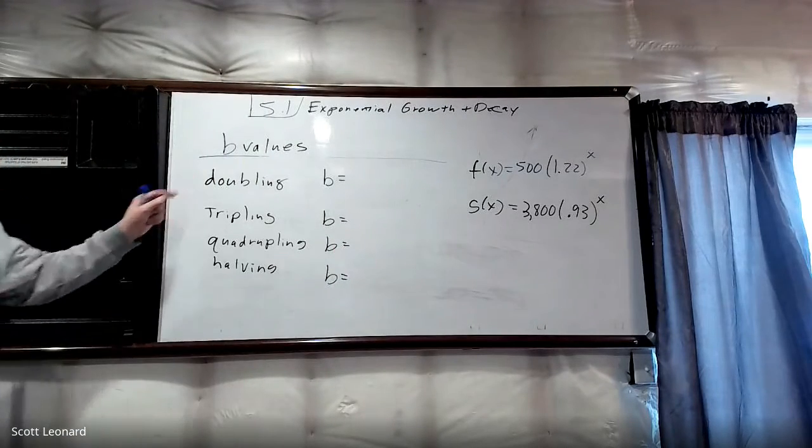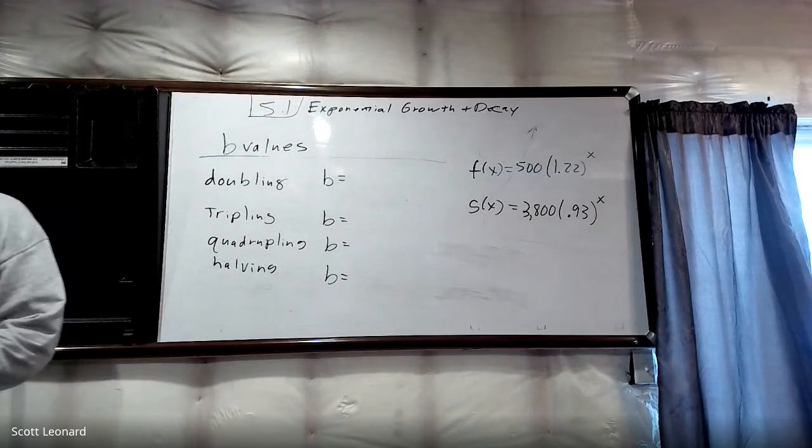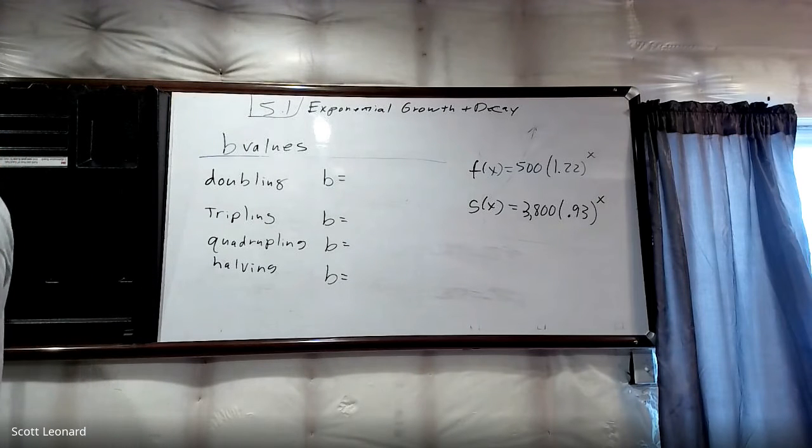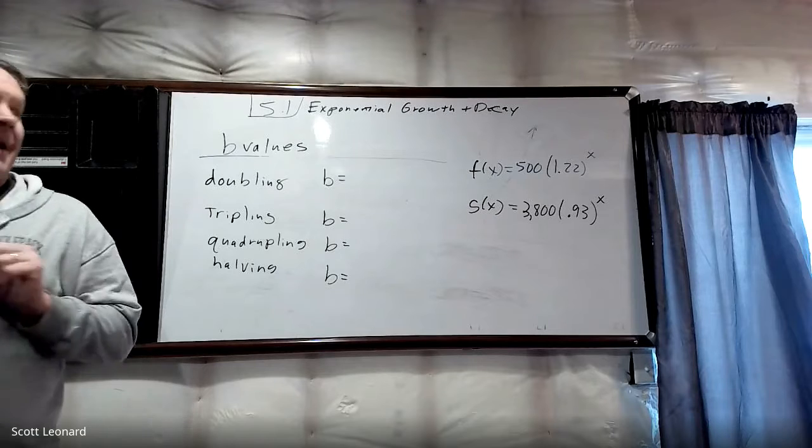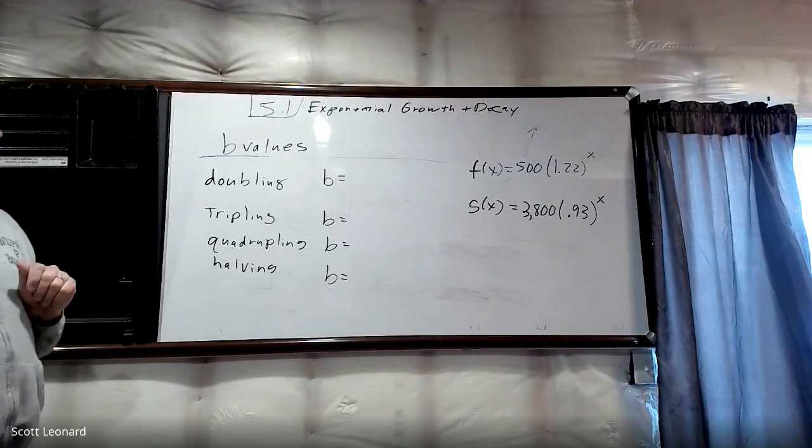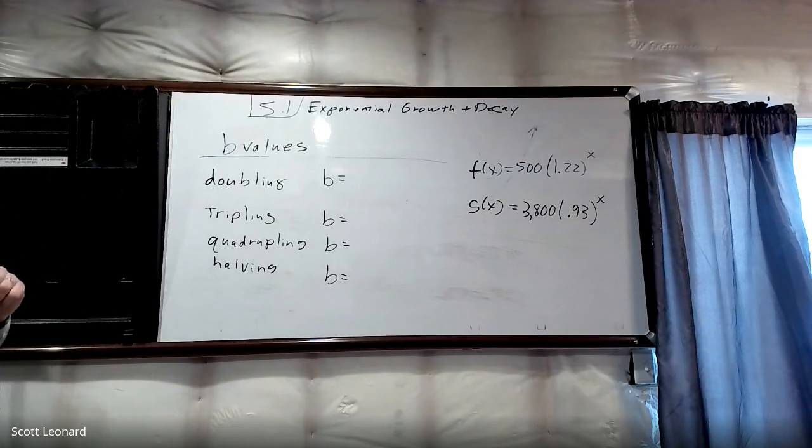So in these 4 cases, they no longer use a percentage. They just give you a word. What do you think the B values are going to be for these? These are not tricky. Don't let them confuse you.